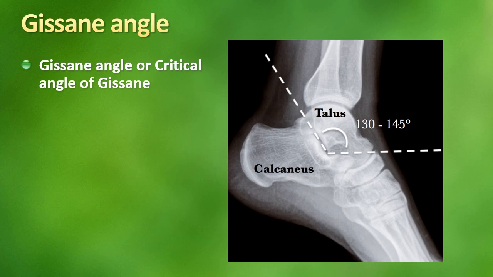So, for the sake of memorization, remember the B, that is alphabet B for Bohler's angle, comes before the G of the angle of Gissan, and B has a lesser numerical value and it further decreases in calcaneal fracture. The angle of Gissan has a higher numerical value and it further increases in case of calcaneal fractures.